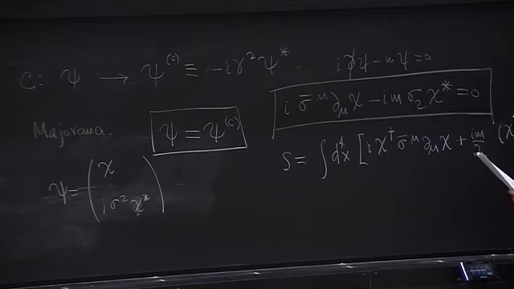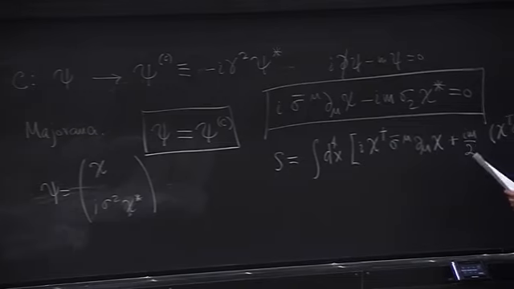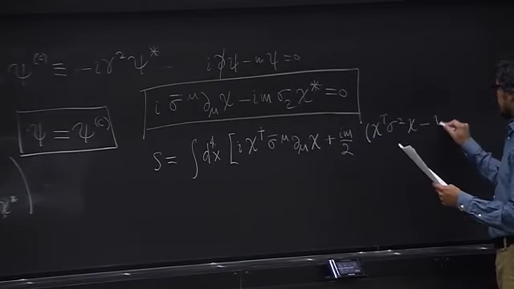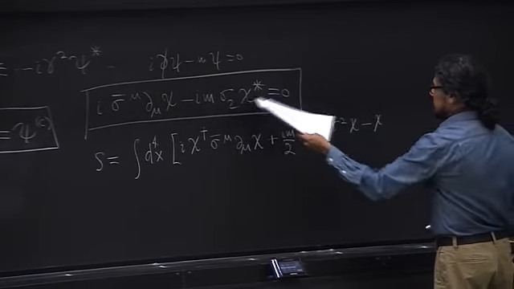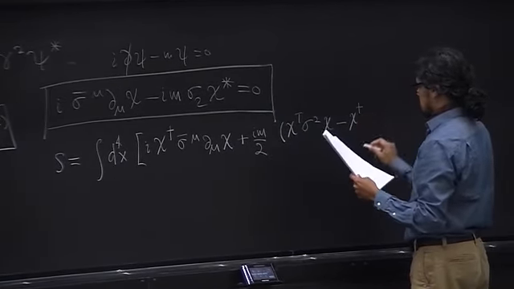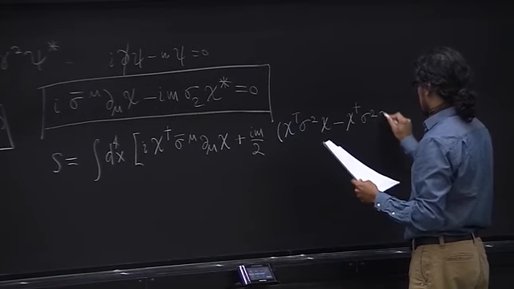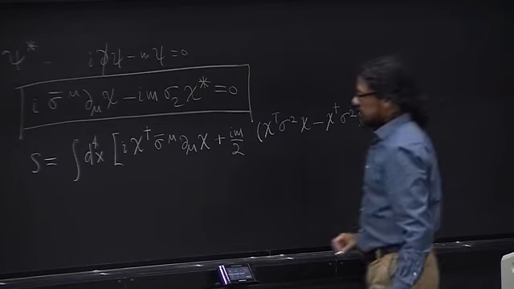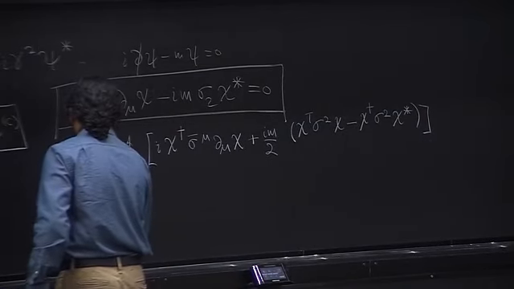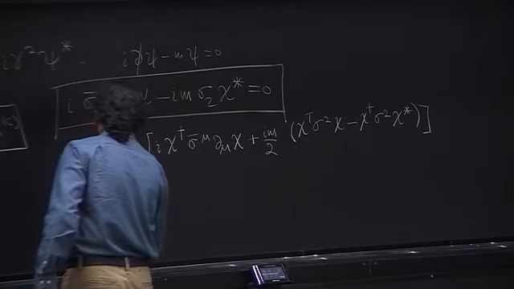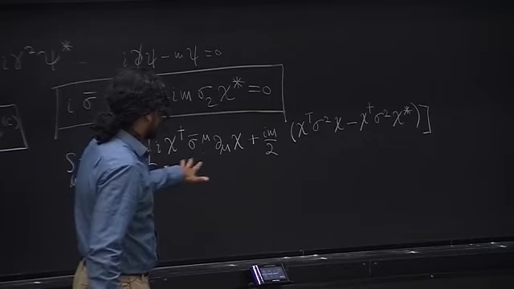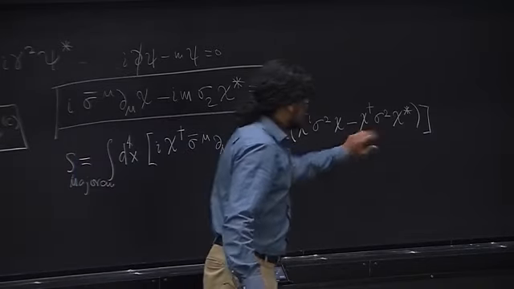This is the mass term that we wrote down, but there's actually another mass term which is needed for this. So this is the action for the Majorana spinor. This is the usual kinetic term that you would expect from a Weyl spinor, and this is the Majorana mass term.